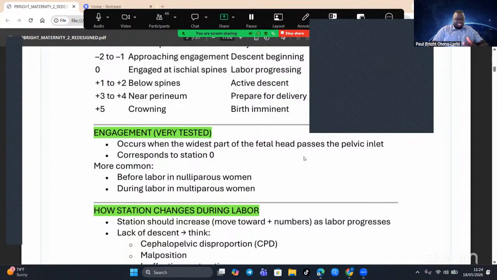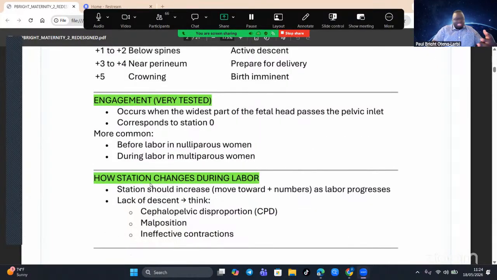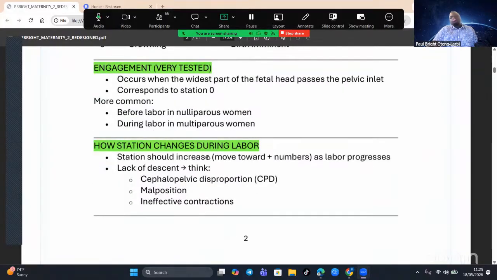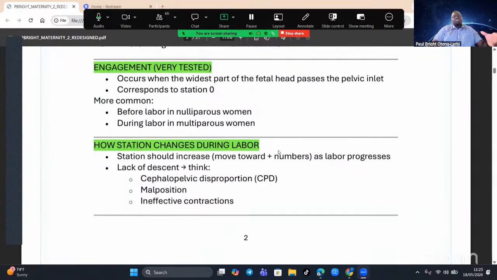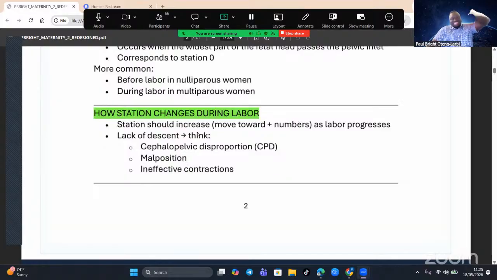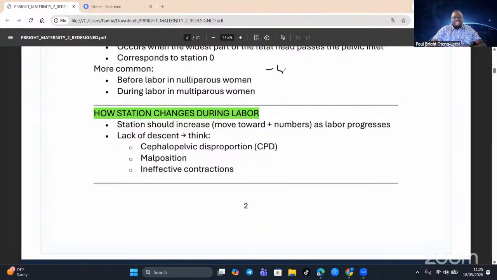So let's look at how station changes during labor. Station should increase, because you are moving from the negatives to the positives. So I have -5. If I add 1, I will move to -4.